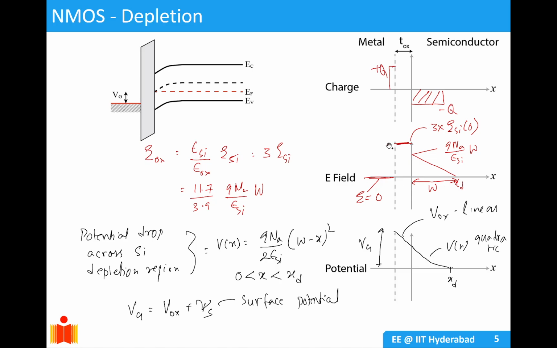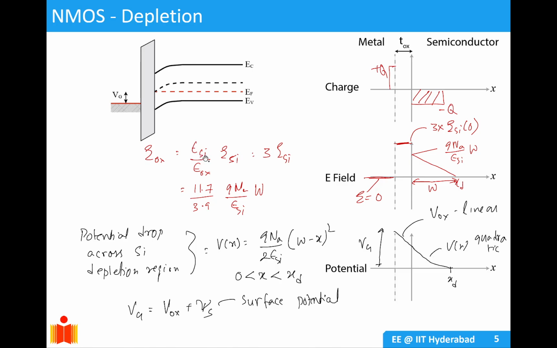Now one thing is that the electric field in the oxide will not be the same as the electric field in the semiconductor, because they have different dielectric constants. So the electric field in the oxide will be equal to epsilon Si by epsilon ox times the electric field in the silicon.